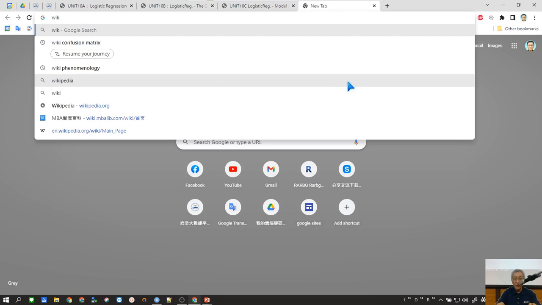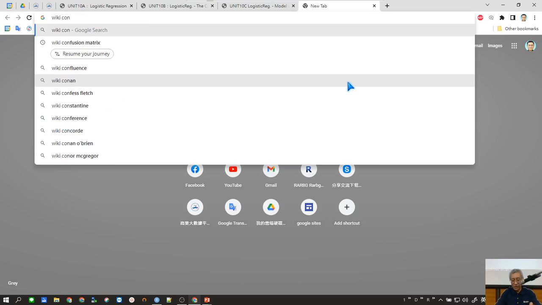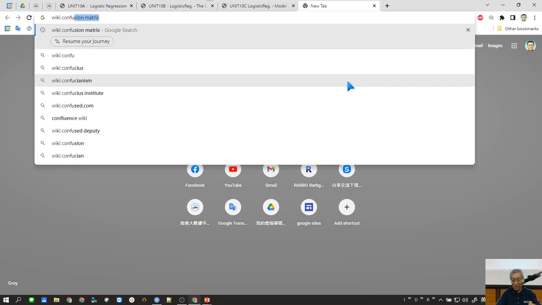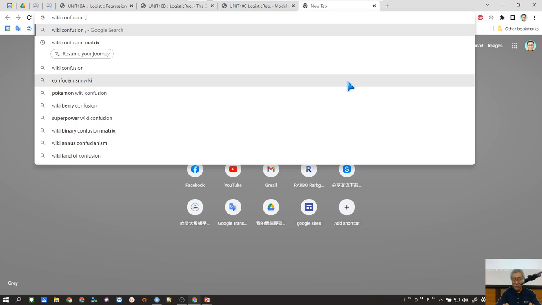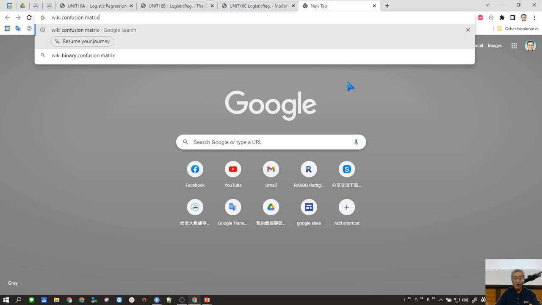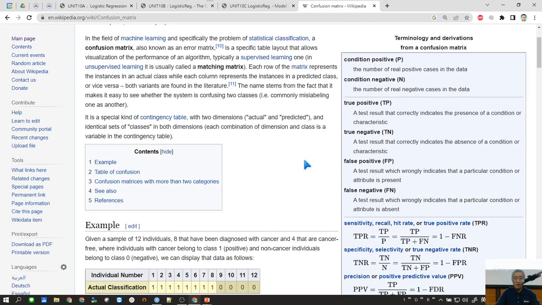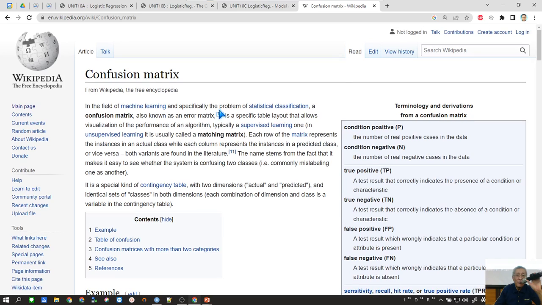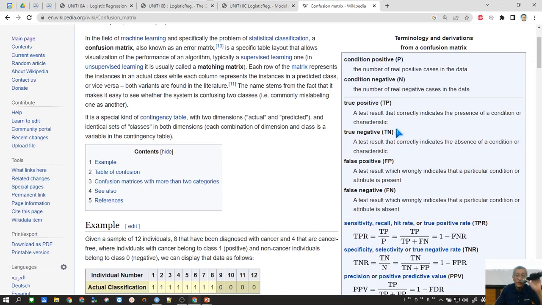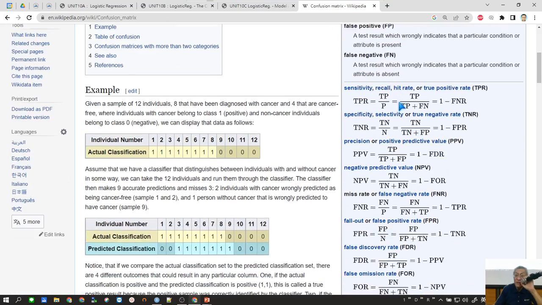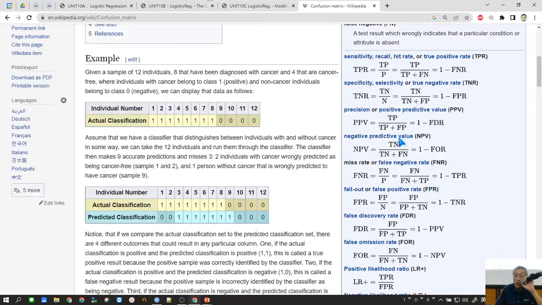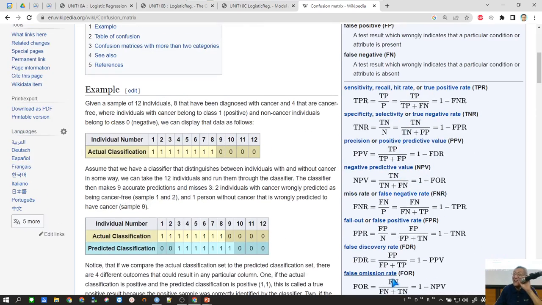If you go to Wikipedia and type confusion matrix, at the top of the page you will see these four terms that we just defined. And out of these four terms, you can define so many different accuracy metrics.